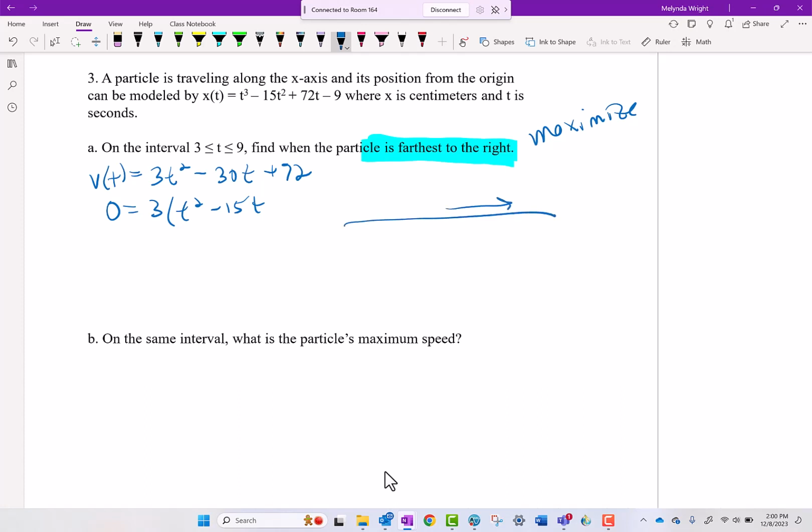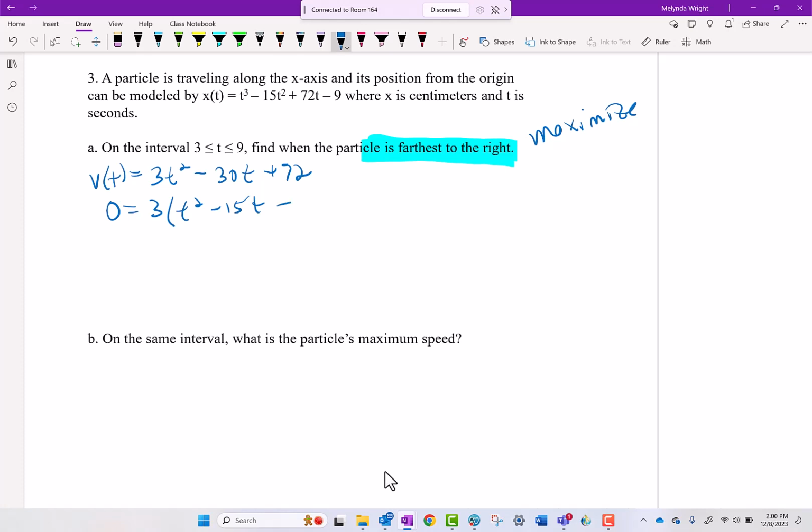If I'm going to the right, am I going to want a big value or a small value? Big, right? Because the farther you go right, the bigger the number is. So I'm going right. I want a big number. I want a maximum. Okay, so we need to find the first derivative so that we can do a sign chart and find our critical numbers.